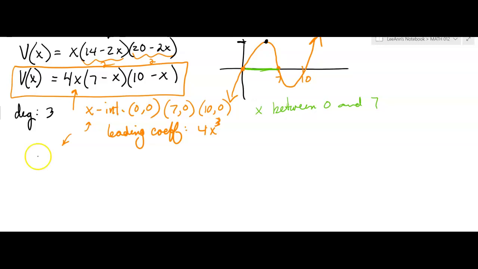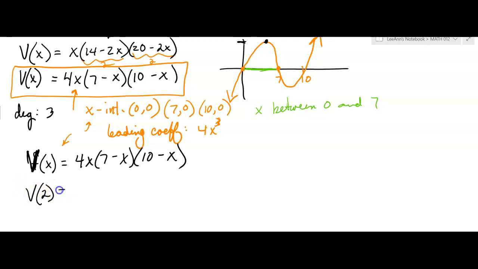So I had a volume function, and it's right there: V equals 4x times 7 minus x times 10 minus x. That was my volume. Let's say I want to cut squares that are 2 inches. Let's see what kind of volume we get.